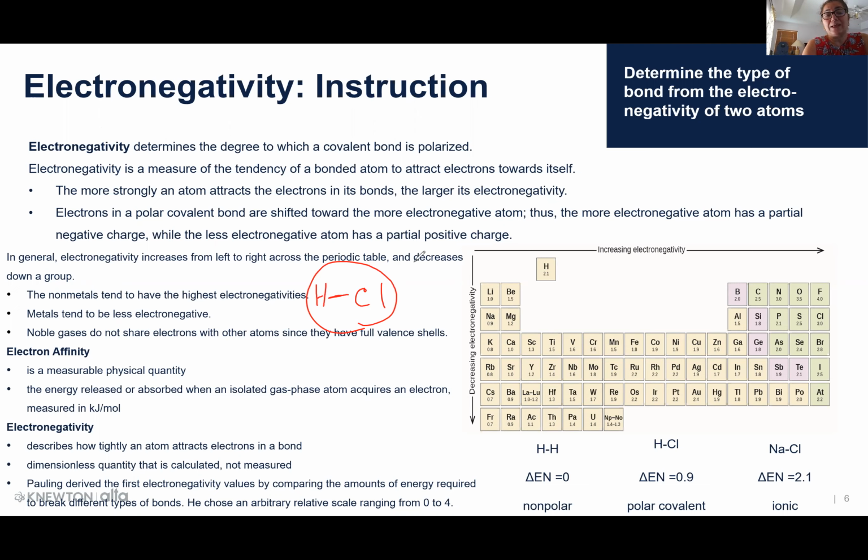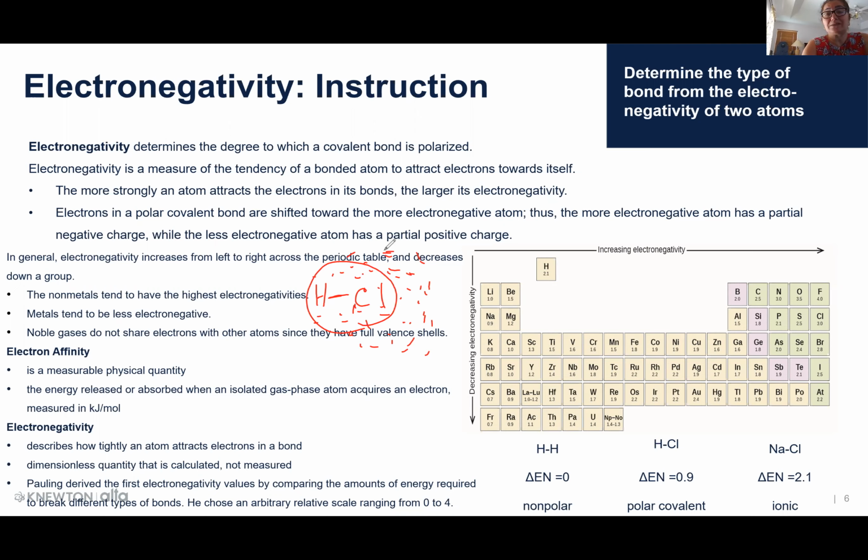Electrons have negative charge. So if you were showing these lines or dots as the electron cloud, it would be more dense around chlorine than around hydrogen.